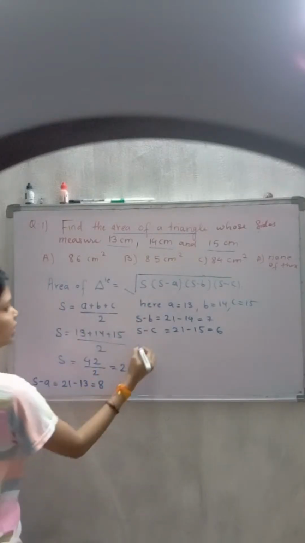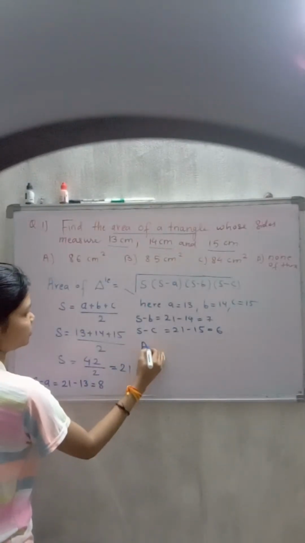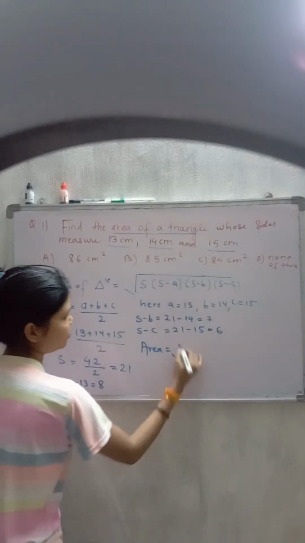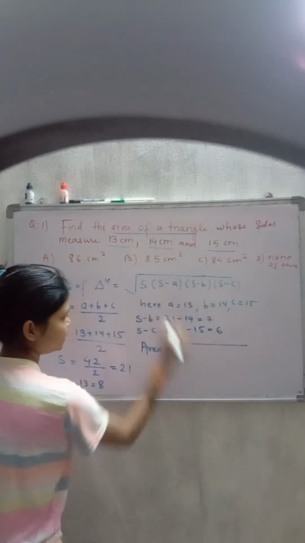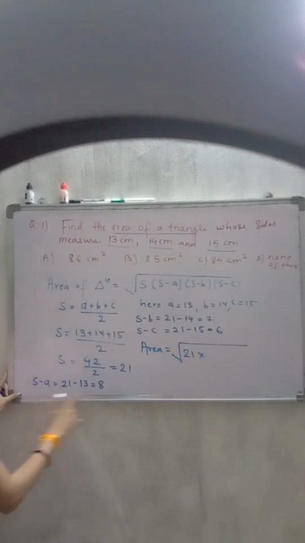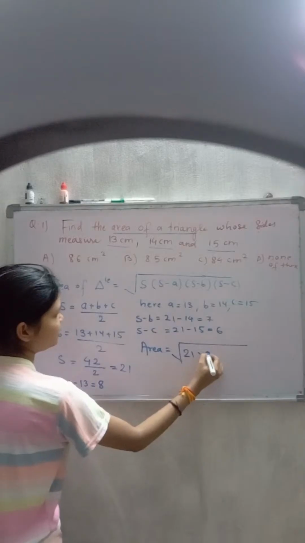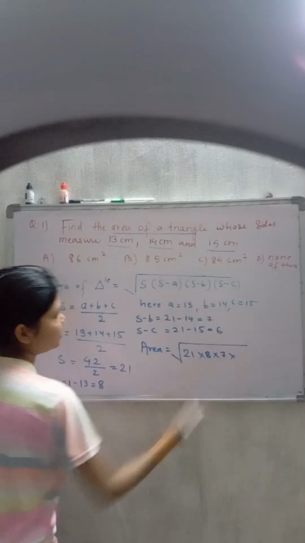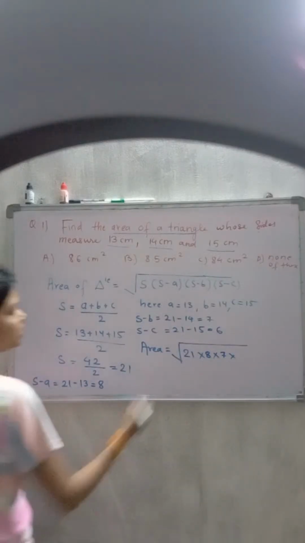Put the values to get the area of the triangle. So area will be equal to under root of S, which is 21, into S minus A, 8, into S minus B, 7, into S minus C, 6.